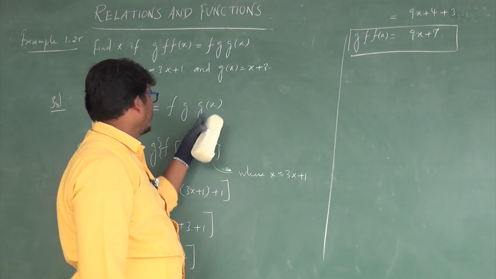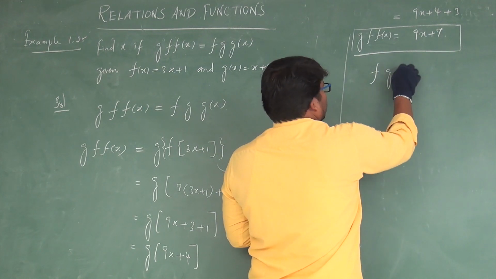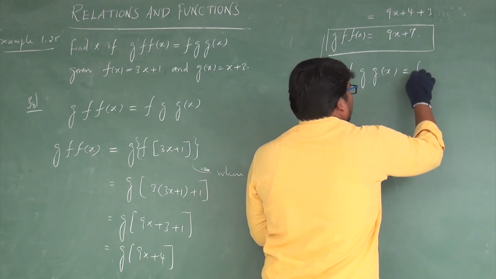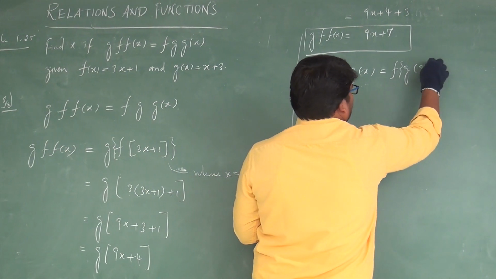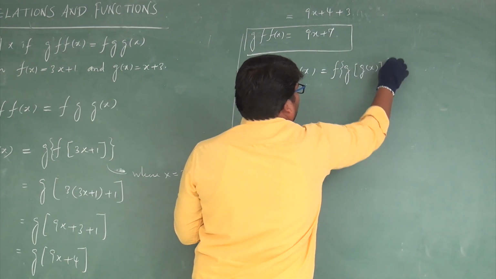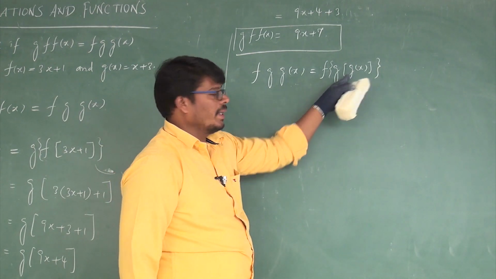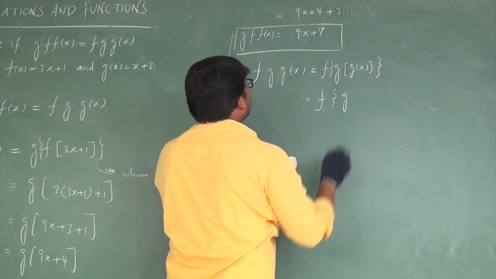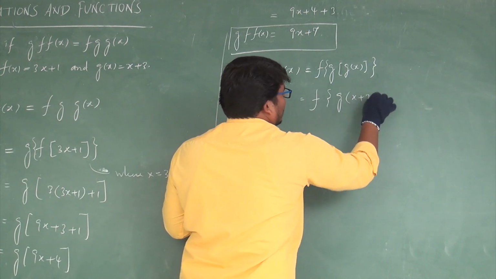Now the second one is f of g of x. Here g of x value is x plus 3.